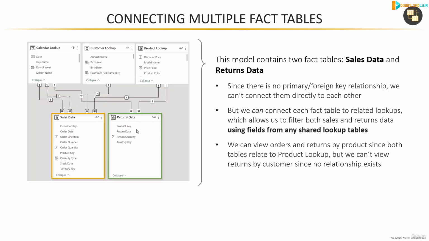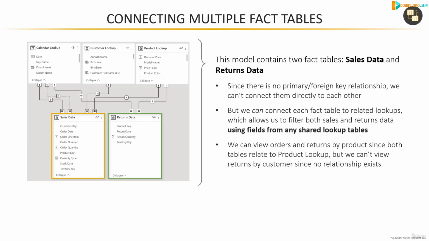Now, the key word here is shared, right? And what this means is that we could view order quantity and return quantity by any field in the product lookup table, like the product name, product color, or SKU, because we have relationships between each of our fact tables, right? Sales data and returns data.